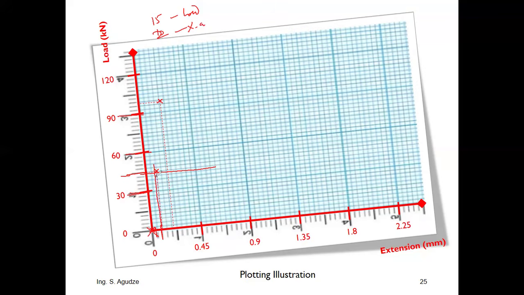Please, you may not necessarily need to draw this line on your graph. Don't draw this line on your graph. Just understand that where you locate the 2 and the 15, where the two of them meet, then you have to mark.